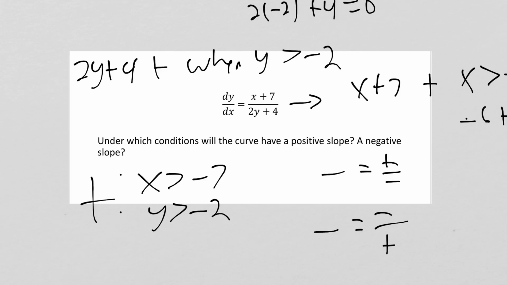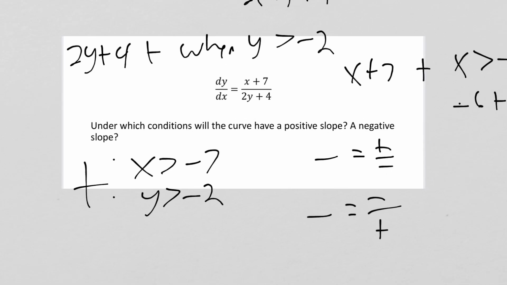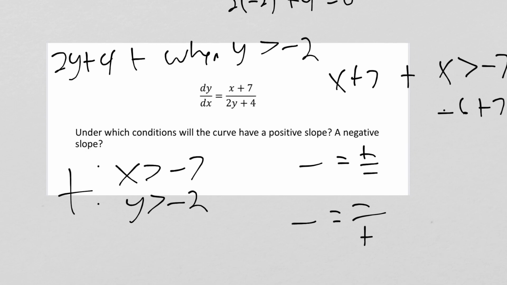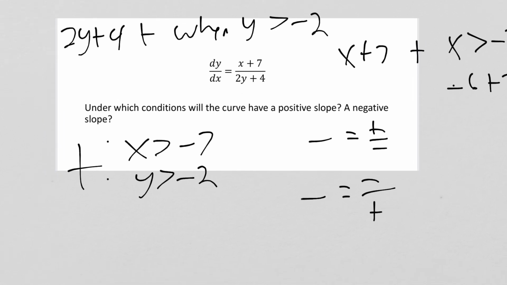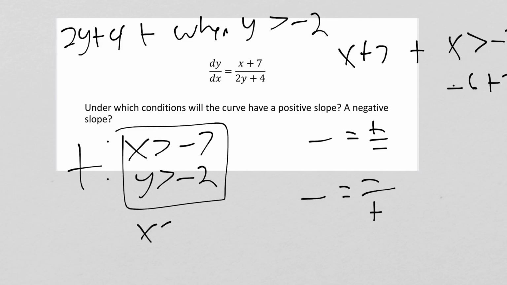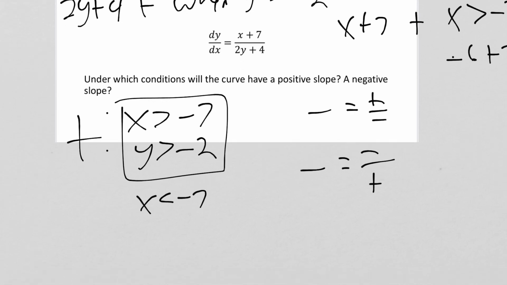Now we also have the case where we have a negative divided by a negative, right? So when is x plus 7 going to be negative? Well, it's just the exact opposite of what we have up here. Because when x is greater than negative 7, then the numerator is positive. So what if we have x being less than negative 7, and then y being less than negative 2?